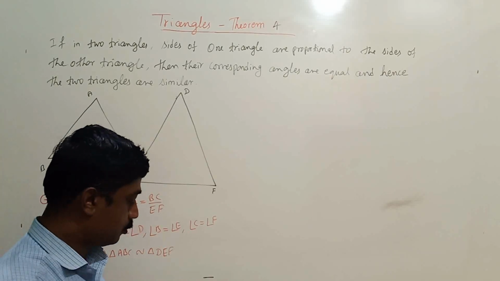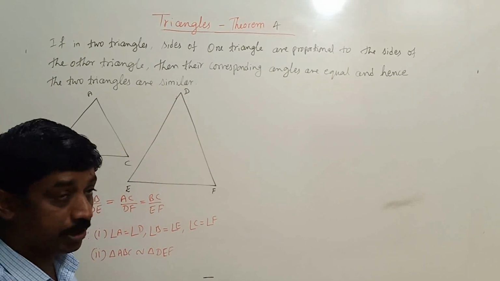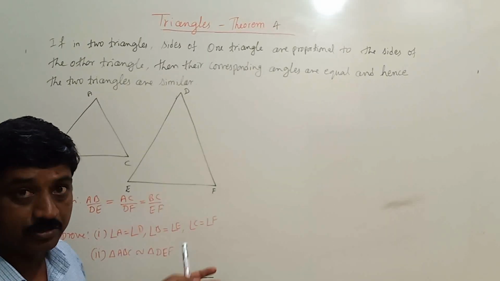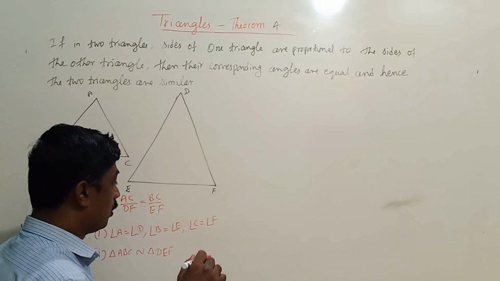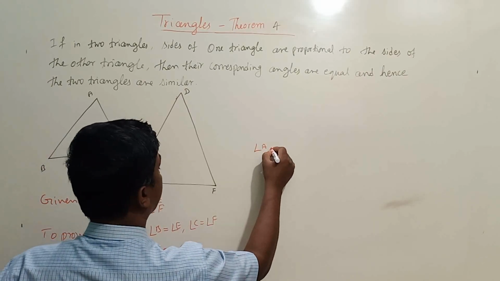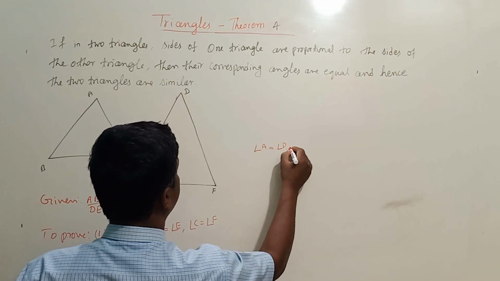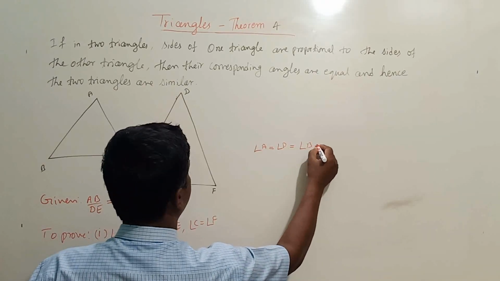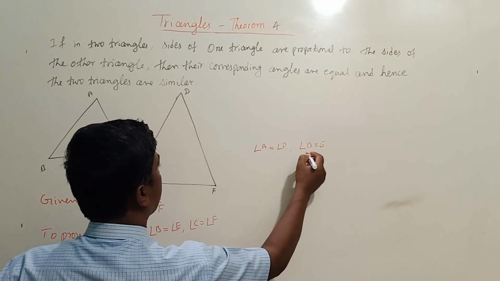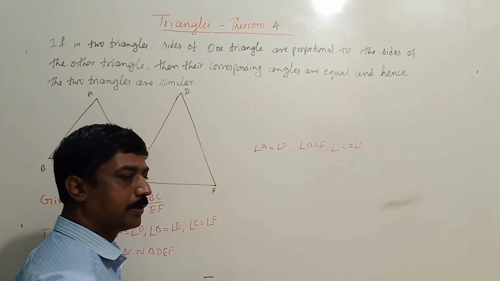I need to take you to theorem number 3, the previous theorem. What we had there, they gave that all the corresponding angles were equal, isn't it? Angle A is equal to angle D, angle B is equal to angle E, and angle C is equal to angle F. This is what they gave.